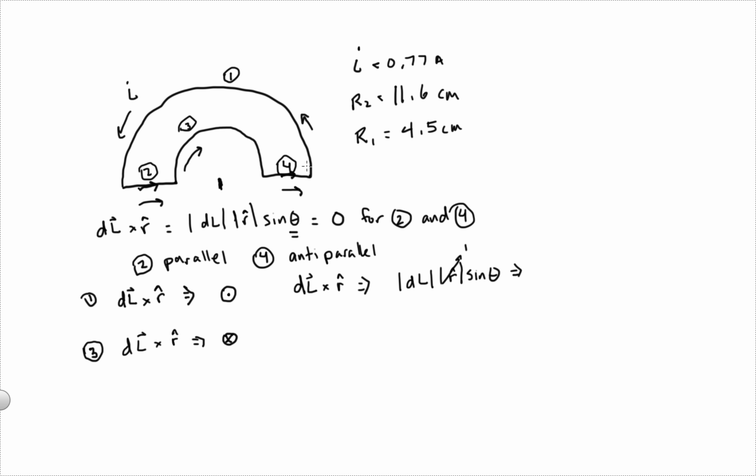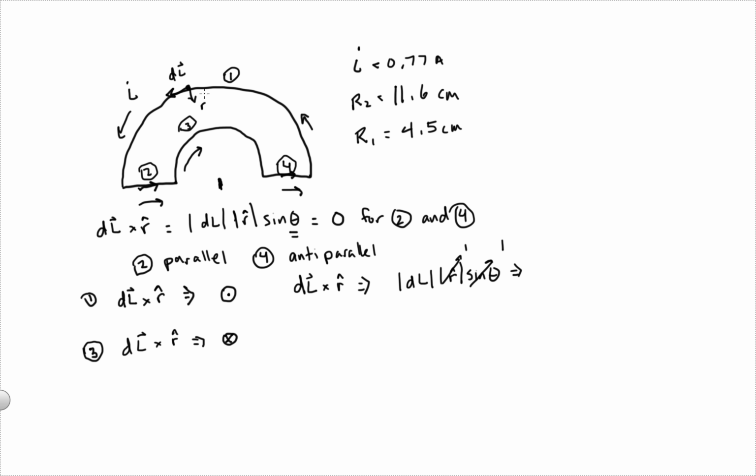And if we think about the angle here, this is also going to go to 1 because the dL anywhere along this curved arc is going to be a little tangent. So that's dL there, but r hat is pointing this direction.